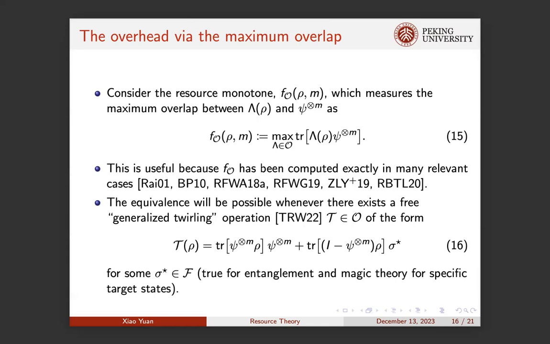Actually, this resource monotone could be computed exactly in many cases, especially if we have a free generalized Turing operation. It means we could apply some free operation to the state, such that the state will become a combination of the maximum target states and some free states.